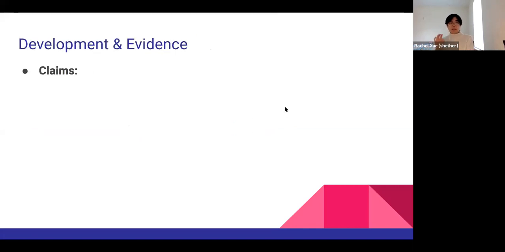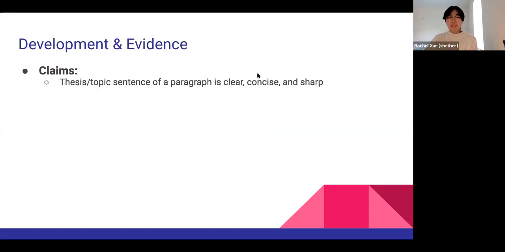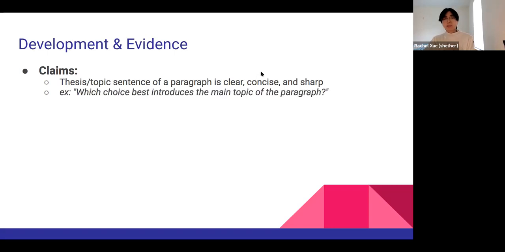So for development and evidence, this is the SAT wording for how you would write a good essay. We have the claims, which are the topic sentences and theses. These are questions that typically ask which choice best introduces the main topic of the paragraph. We have support, which is the evidence that supports the claims we make.